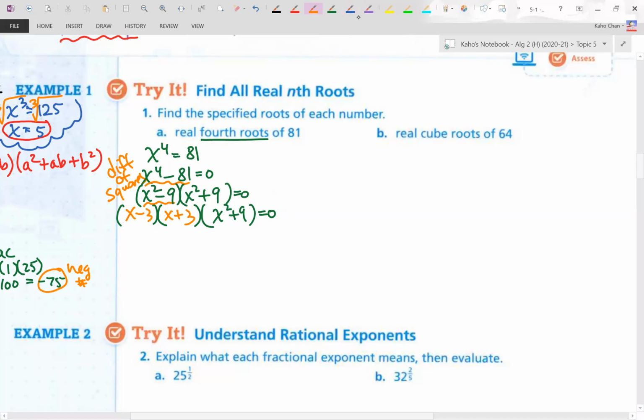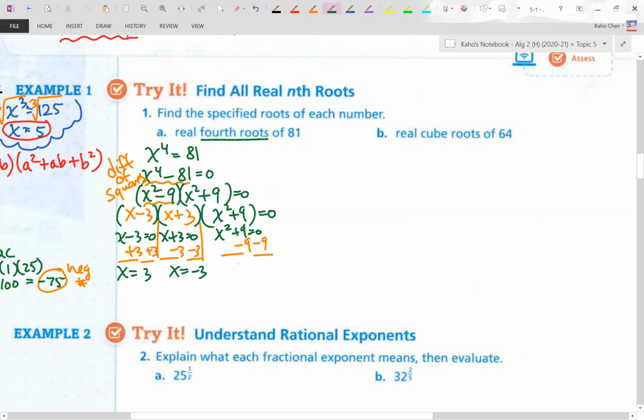Those all equal 0. Split them up and solve. X minus 3 equals 0, x plus 3 equals 0. I'll even show you x squared plus 9 equals 0. X equals 3, x equals negative 3, x squared equals negative 9.